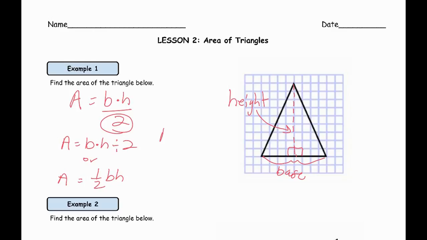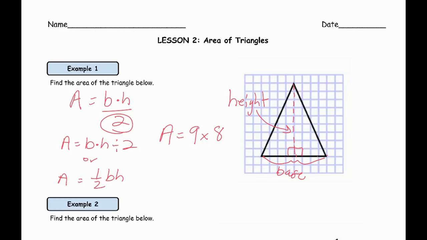We can see that the height of our triangle is 9 units. Now if we times that by the base, let's count our base, see how many units long it is. 1, 2, 3, 4, 5, 6, 7, 8.